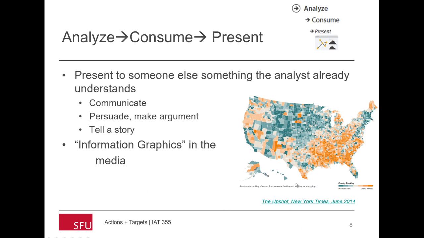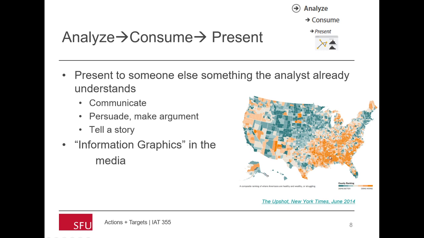And you often see the present part of visual analytics in the media. And so here is a snapshot of the United States and what's going on in this map. This is from a number of years ago. The blue tones for counties in the states in the USA indicate folks who are doing well economically, and the strongest orange here indicates counties in the USA where the populace is doing poorly or doing worse than previous years in terms of economics.